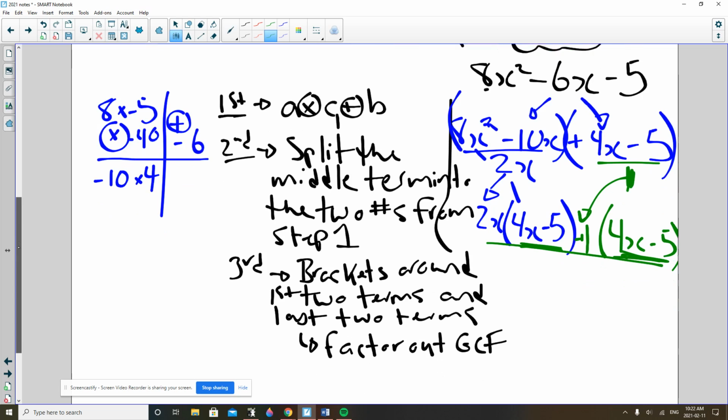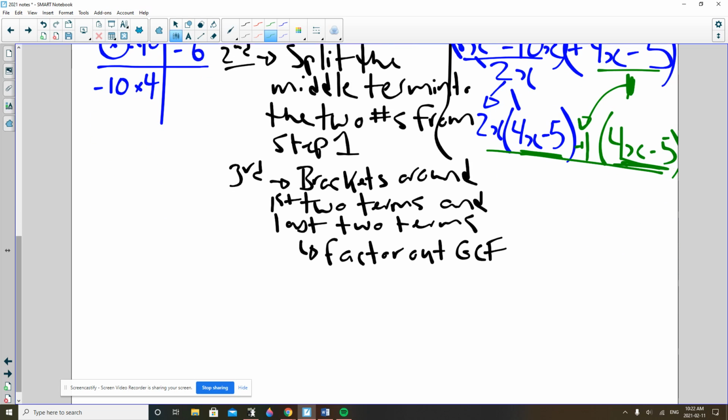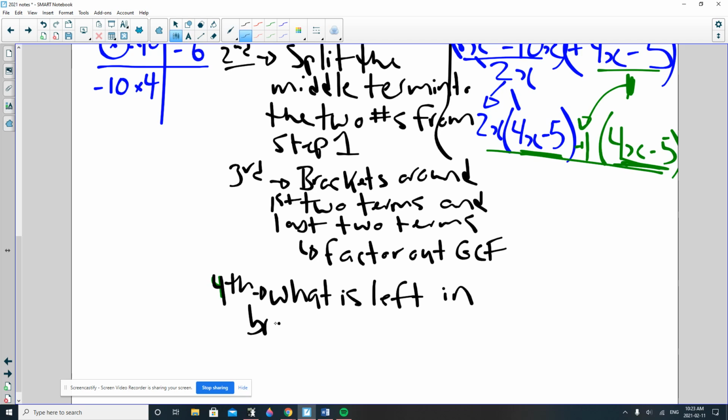And so my fourth step is what is left in brackets should be identical.